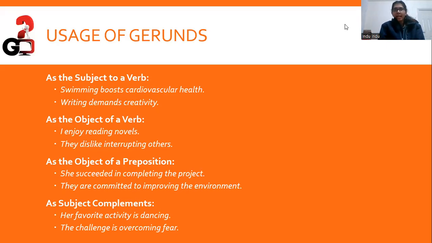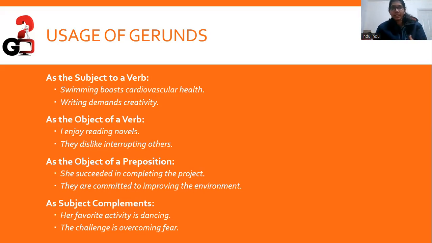We will now look at the usage of gerunds. It can be used as a subject to a verb, that is, swimming boosts cardiovascular health, right? So here, swimming, the ing form of the verb swim, is used as a subject to the verb boost, right? So swimming boosts cardiovascular health.